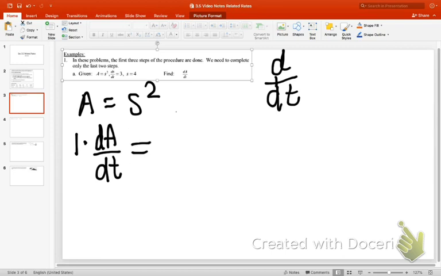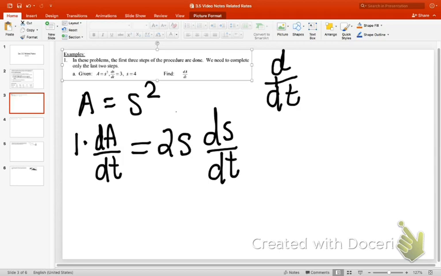So dA dt is equal to the derivative of s squared, which is 2s. So the variable that we worked on was s, so we say ds with respect to time. So we have dA dt equals 2s times ds dt.